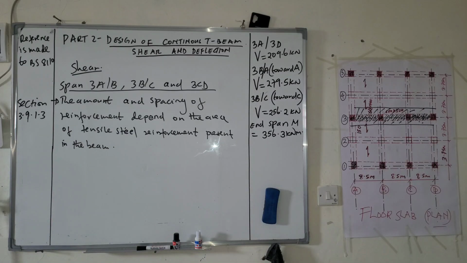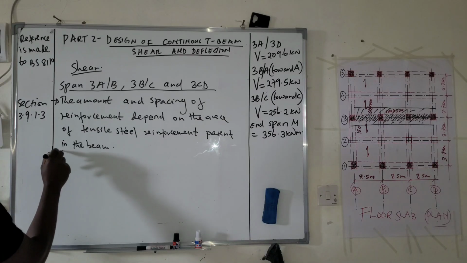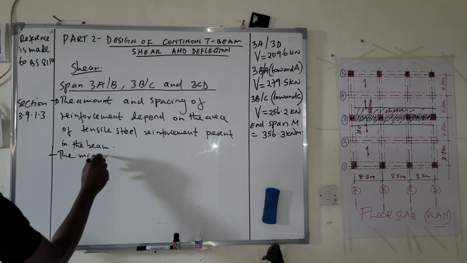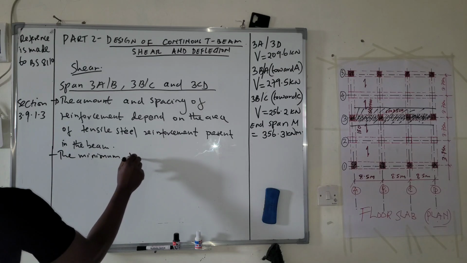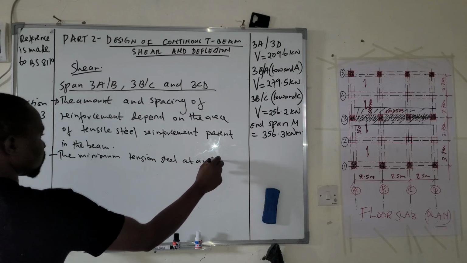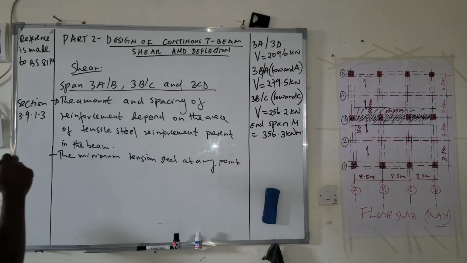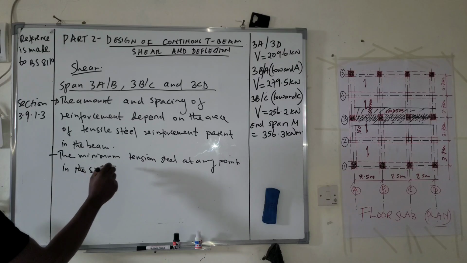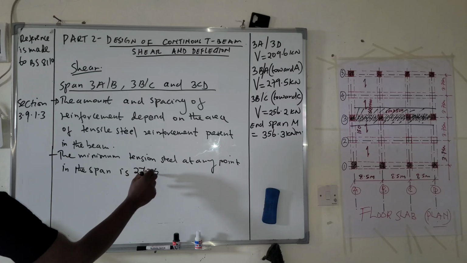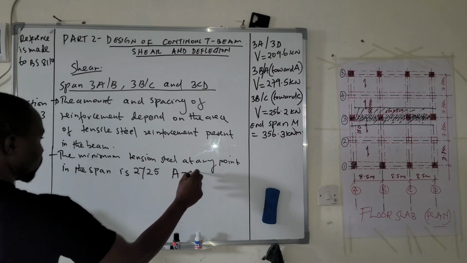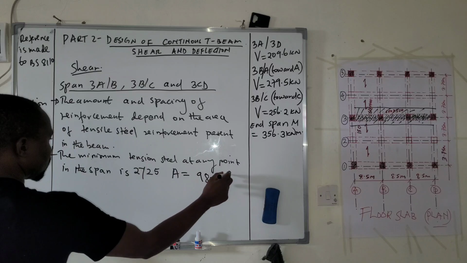So in our beam, the minimum tension steel at any point in the span is 2Y25, and the area is equal to 980 millimeter square.